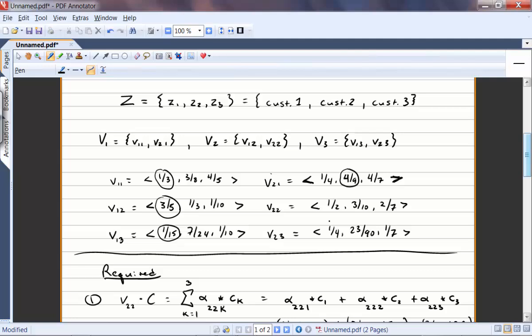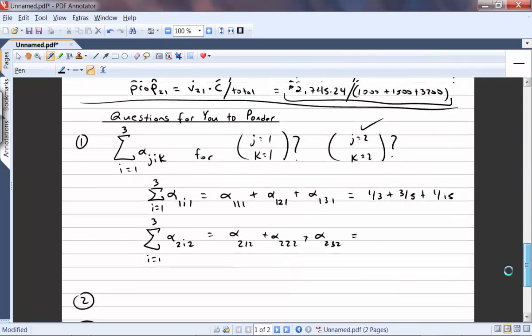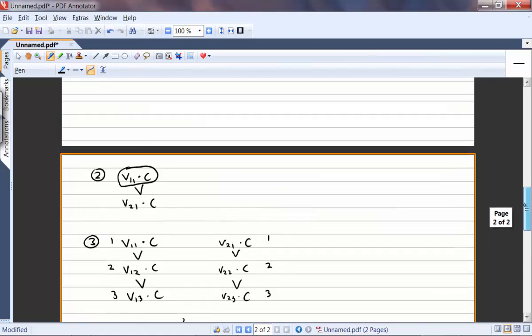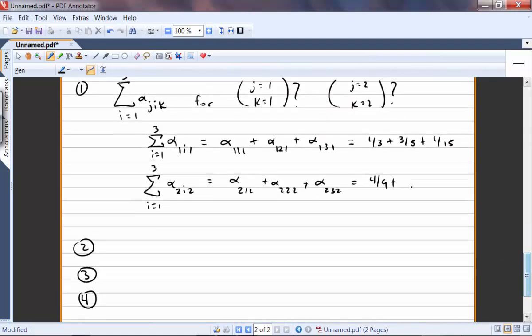That's 2, 1, 2. 2, 2, 2. Second vector, second cost object, second element. 2, 3, 2. Second vector, third cost object, second element. And I've forgotten. 4/9 plus 3/10 plus 23/90. And you get some number.